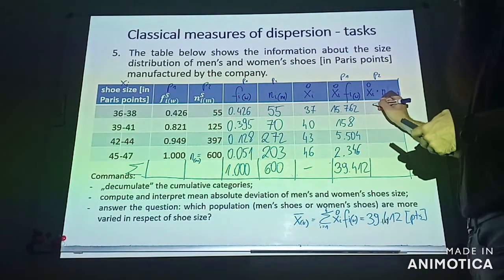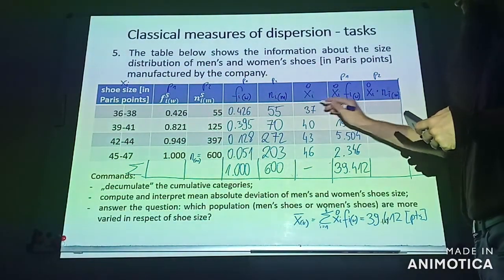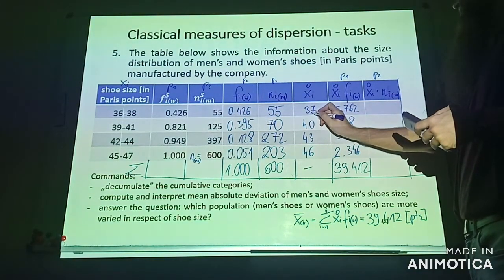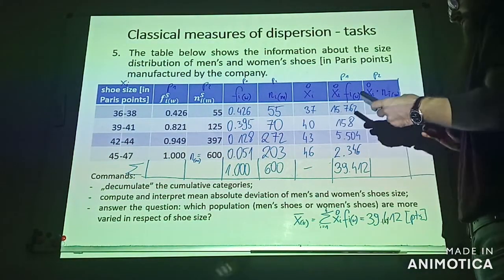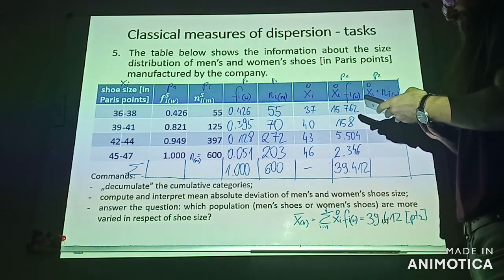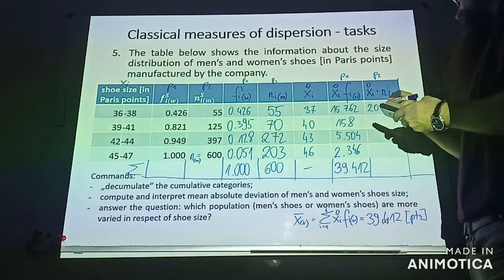All right, in the first row, I multiply 37 by 55. 37 by 55. The result is 2035.